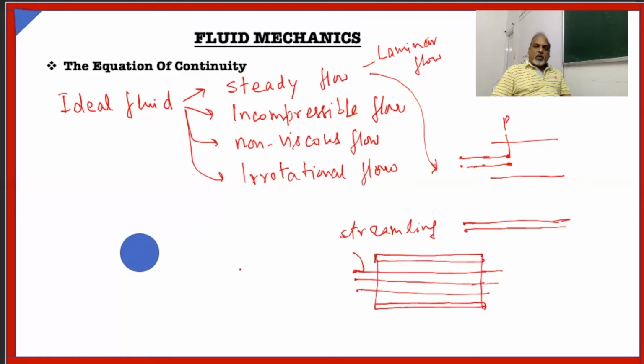According to the shape, streamlines can be like this also. Correct? At any point, the tangent to this curve gives the velocity of the fluid particle.